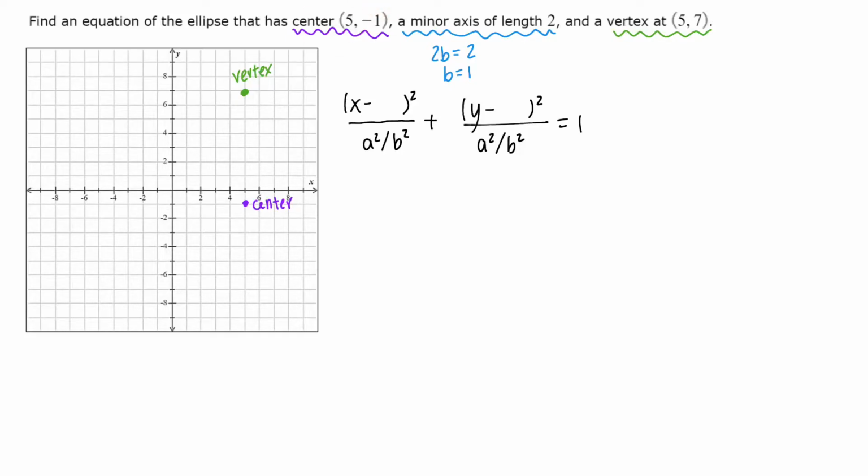Now, the center was given to us, so this would be -5, and then this would be +1. Now it's time for a squared and b squared. We do have b, we just need to know where it goes. Because the vertex is up from the center, that means that the y-axis is the major axis.